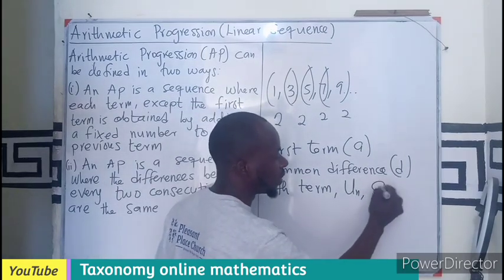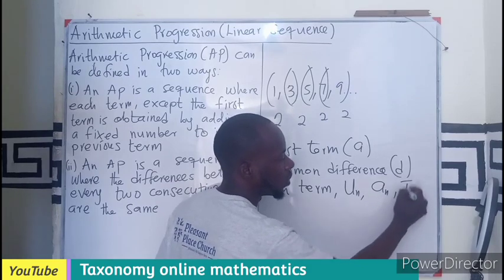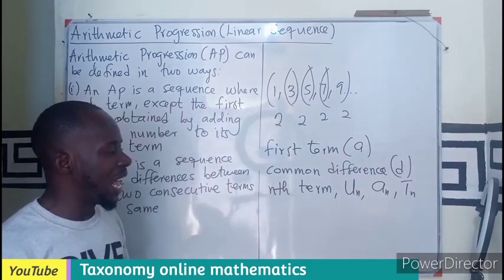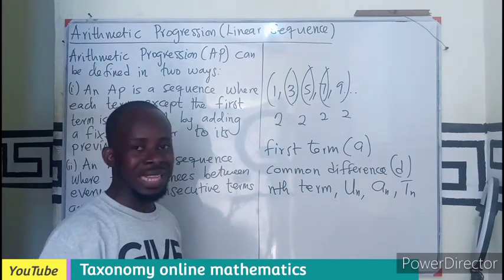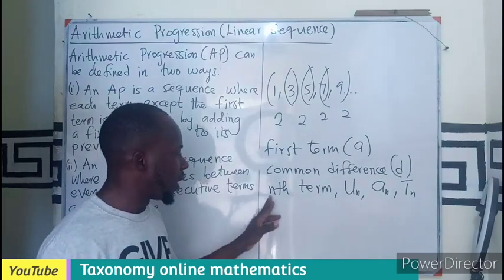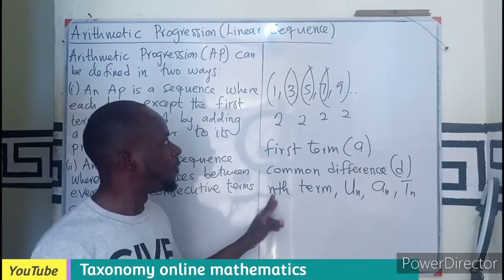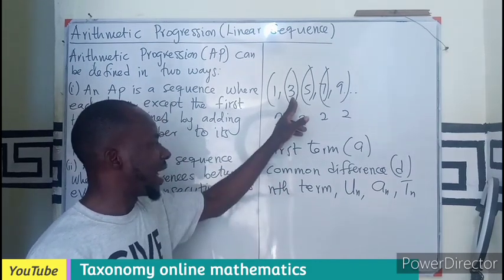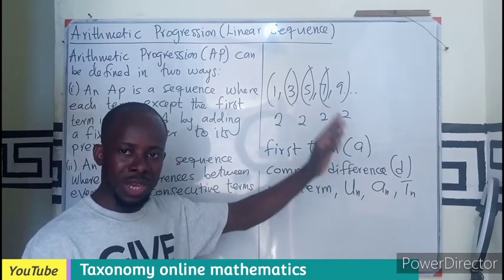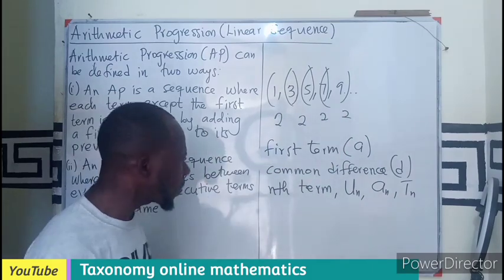Sometimes we also use a subscript n or T subscript n. So these are used to denote the nth term. If this n is 1, it means the first term. If this n is 2, it means the second term. Third term in that order.